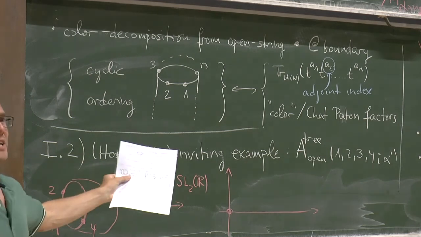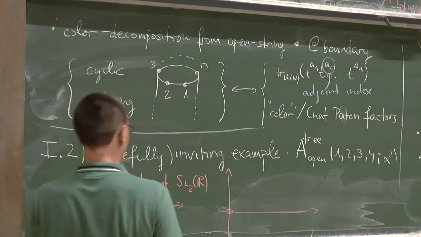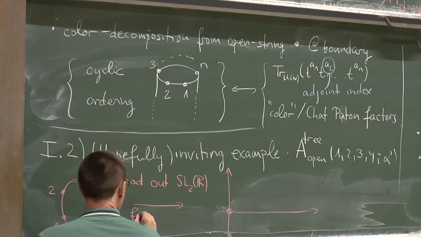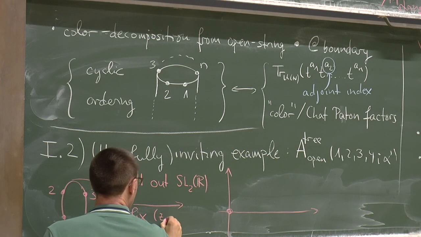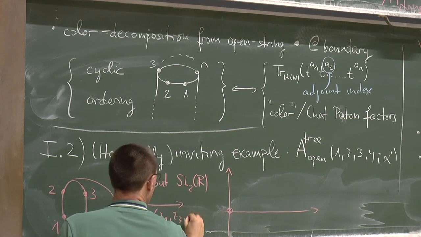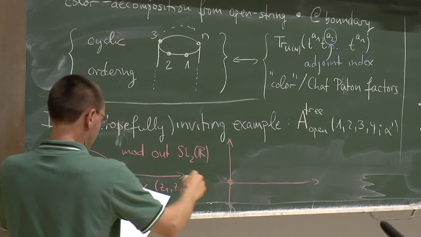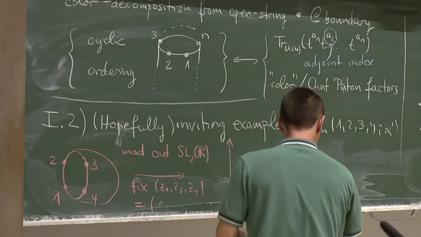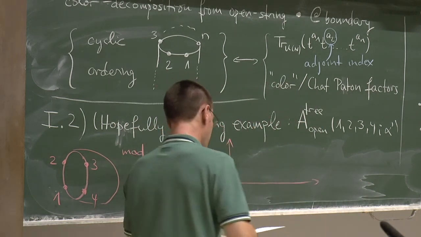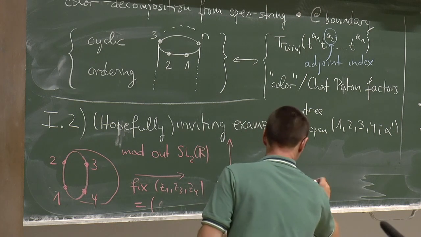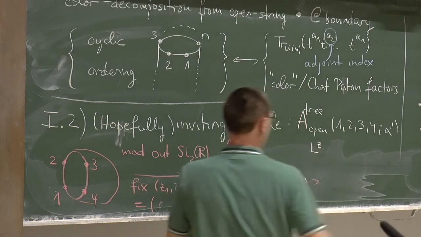And what the prescription is, you can always afford, at the disk level, to fix any 3 punctures you like to any points on the real axis that you like. Something I should have said earlier: the idea is to map the disk boundary to the real line.